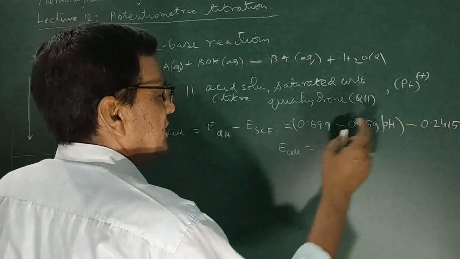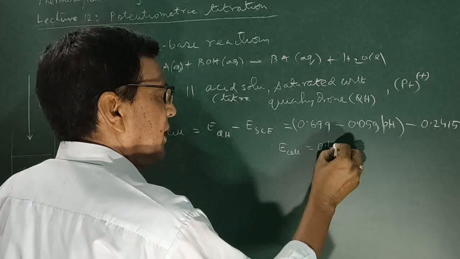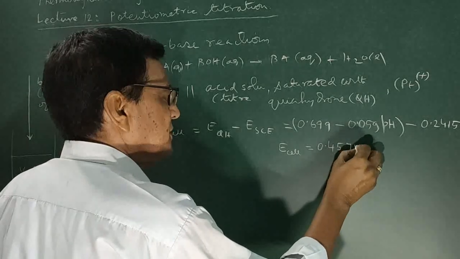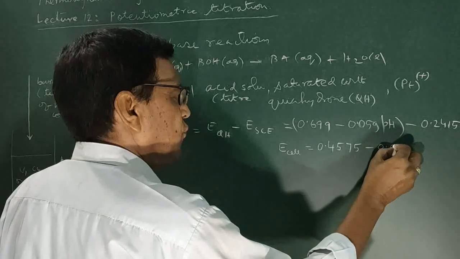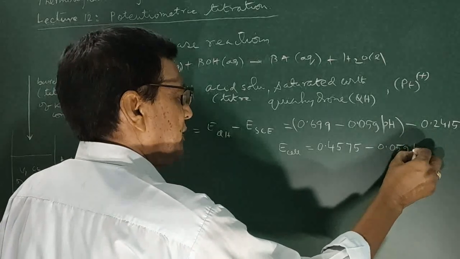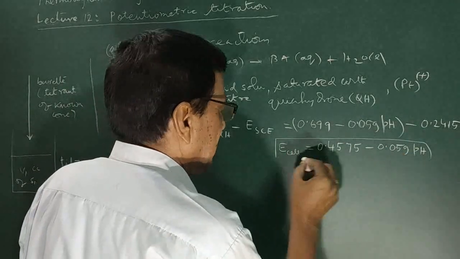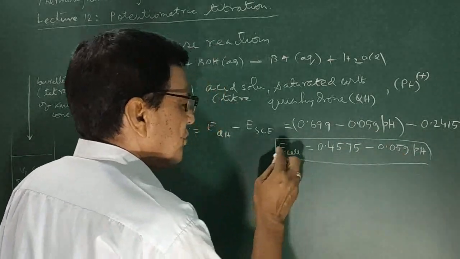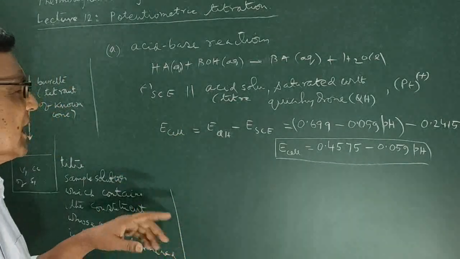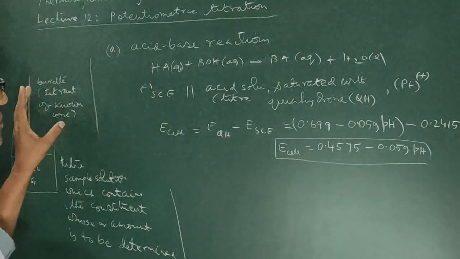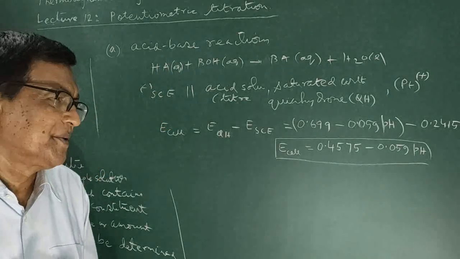So differentiating this one, E cell equals 0.4575 minus 0.059 pH. The cell potential is determined from time to time with the gradual addition of sodium hydroxide or any alkali from this burette.